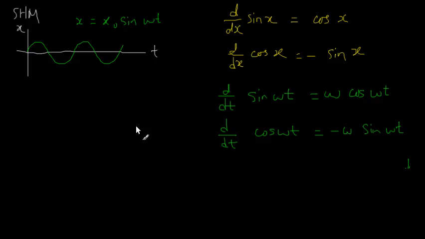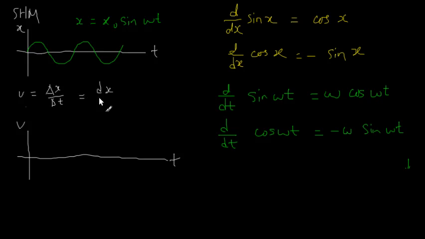Then we know that the velocity is given by the gradient of this. So the gradient I've written as v is equal to the change in x over the time taken. Now for very small time intervals, that is written mathematically as dx by dt.